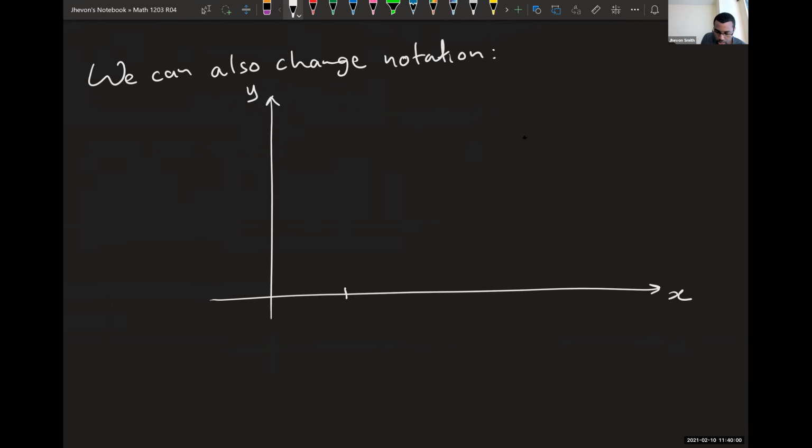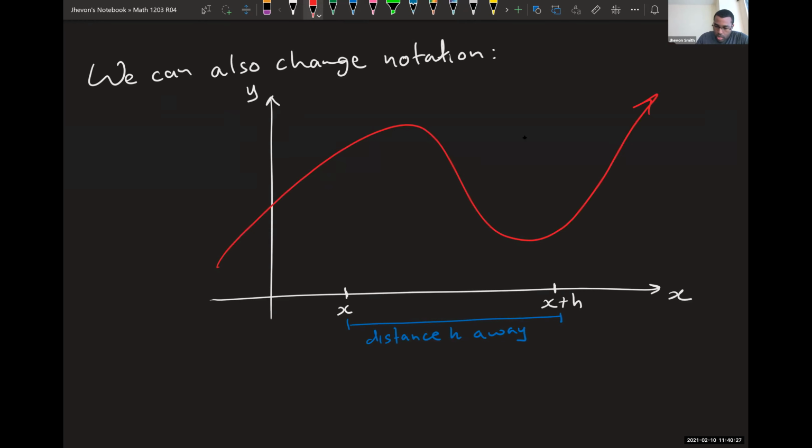So sometimes instead of a, we will call it x, and then the second value we'll call x plus h, right? So it's x, and then there's a second value that is a distance h away. And we measure it using this notation.